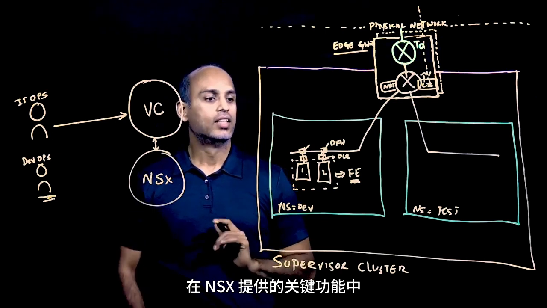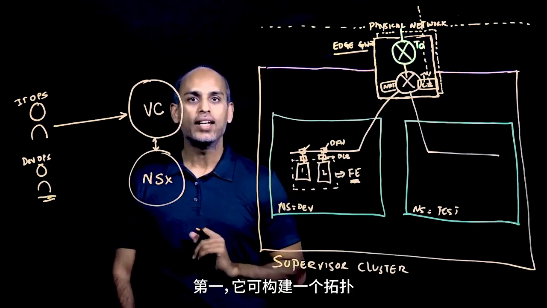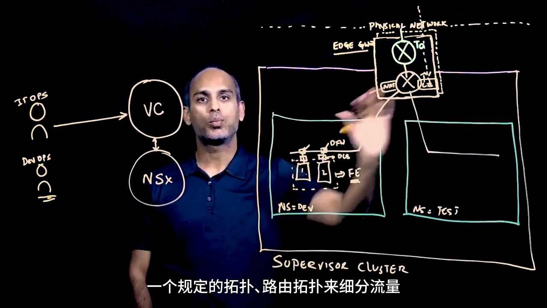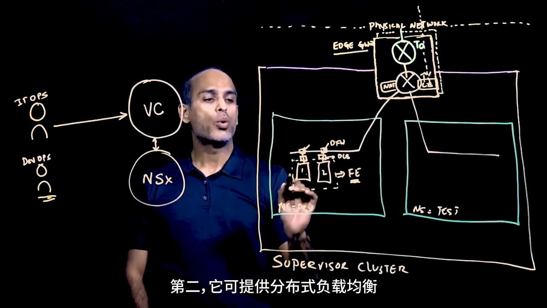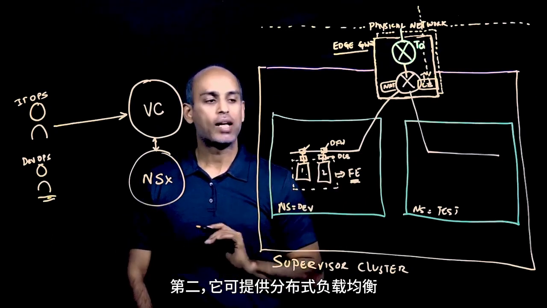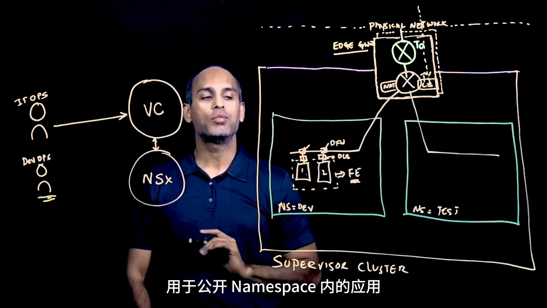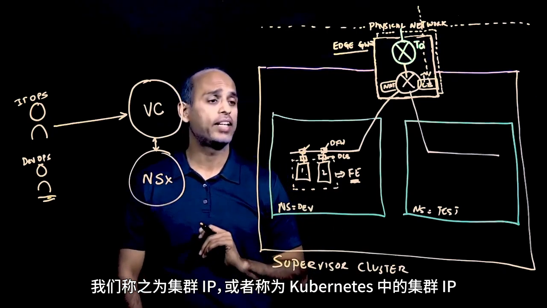So net, the key capabilities NSX provides: 1, it builds a prescribed routing topology to segment the traffic. 2nd, it provides distributed load balancing for exposing the applications within the namespace, which is what is referred to as cluster IP in Kubernetes.